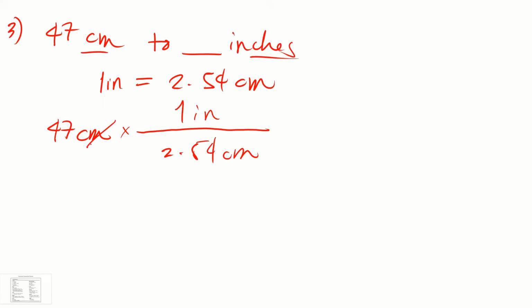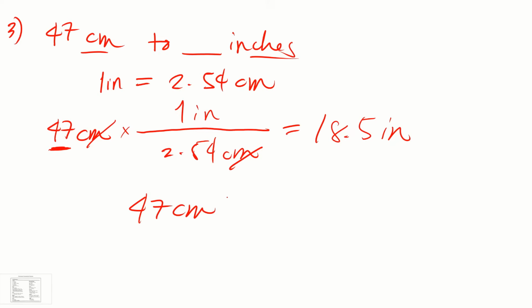We can now cancel out centimeters and perform the operation. 47 times 1 divided by 2.54 will give us 18.5 inches.